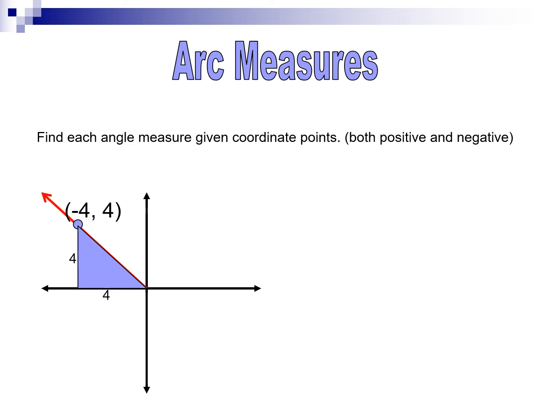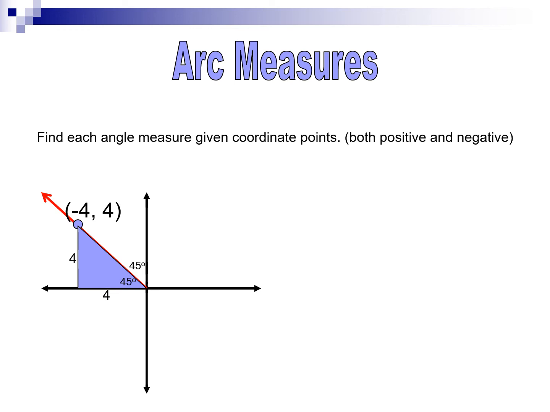If you have a triangle that has legs 4 and 4, you should remember that the angle inside is 45 degrees. All right, so from there, we will figure out that that angle is 45 degrees.